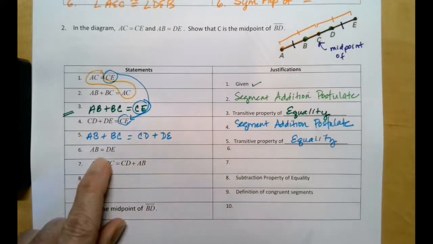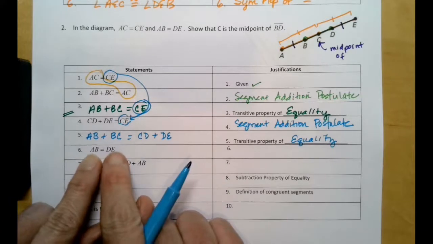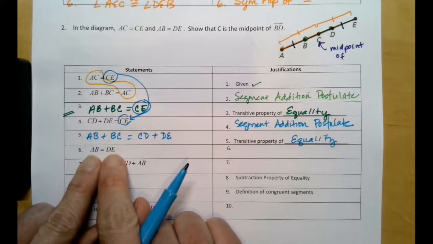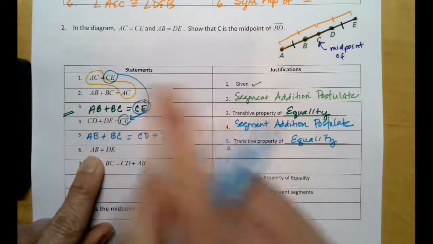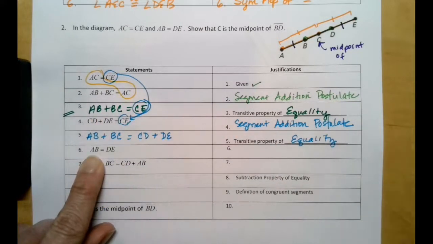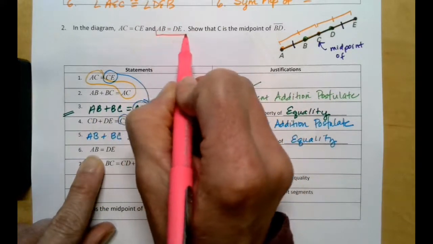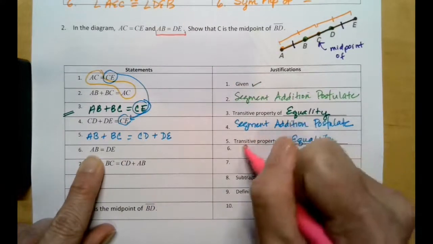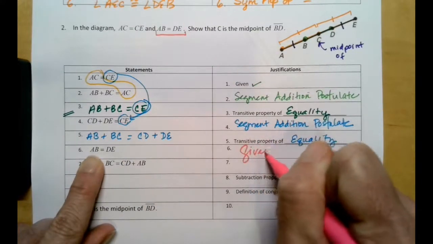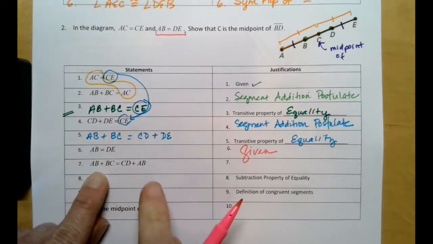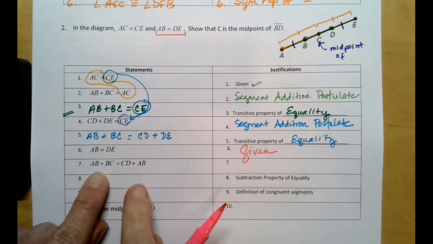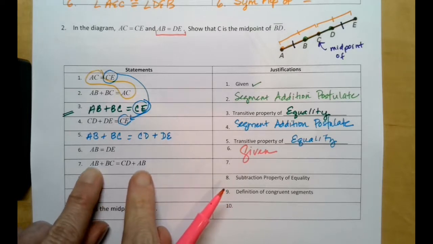So we'll take a look at this next statement and wonder, where did this come from? AB is equal to DE. And I'm going back through and I'm wondering, what are they thinking? And then I come up to my problem and I go, oh yeah, that was given to me in the problem. So now I'm thinking, why are they coming back and talking about this again?